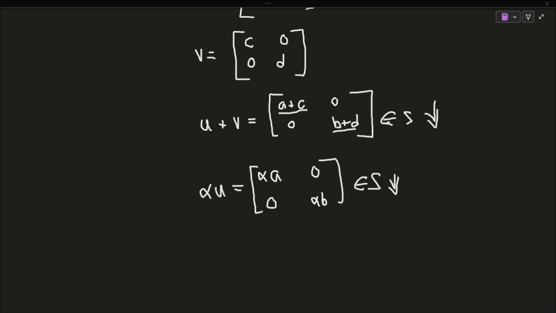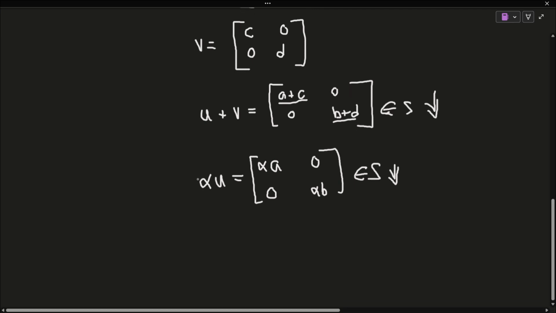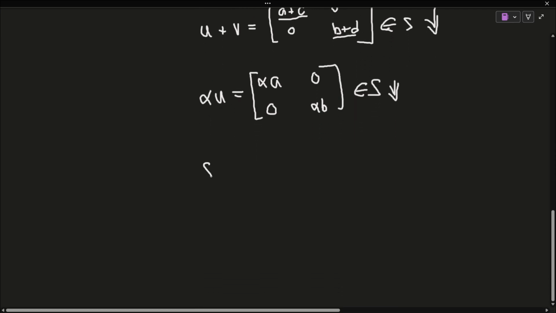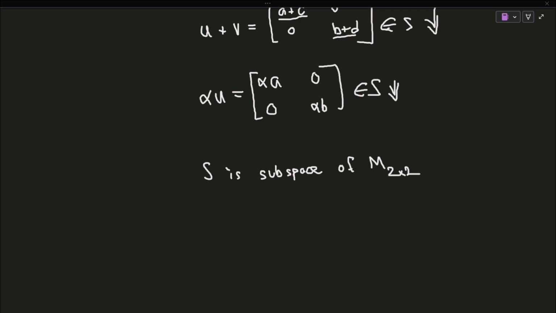And since both of them are elements in S, it follows from our two propositions for a subspace that S is indeed a subspace of M 2x2. So S is a subspace of M 2x2.